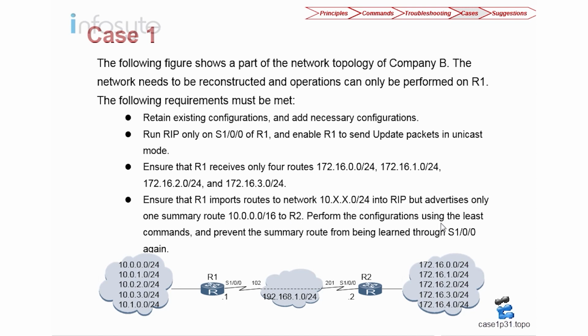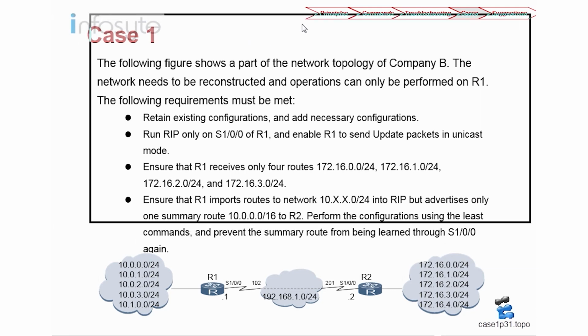Perform the configuration and prevent the summary route from being learned through S100 again. Basically this is about loop prevention, so on the RIP summary address we have to add a command called avoid-feedback. Let's look into the solution.